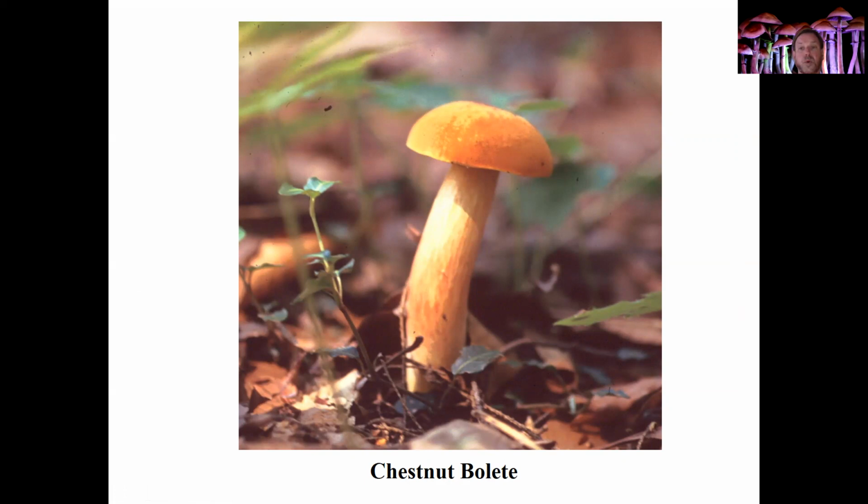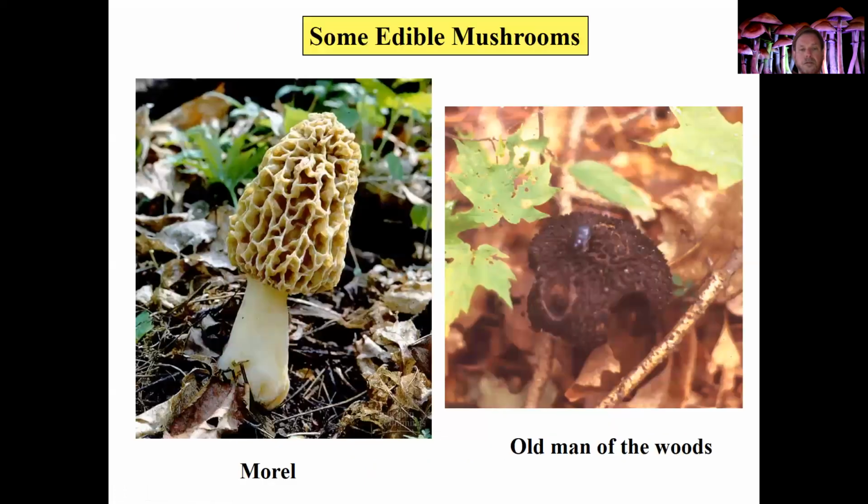Chestnut boletes have pores, not gills. There's a morel mushroom, choice edible in the spring, usually found in apple orchards or under tulip trees. Old man of the woods looks really nasty. It's actually an edible.